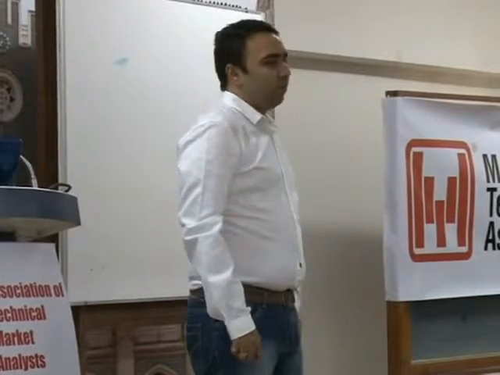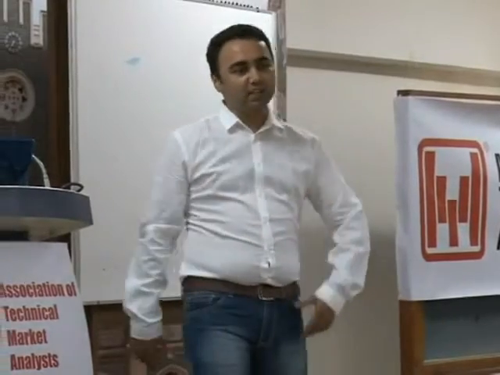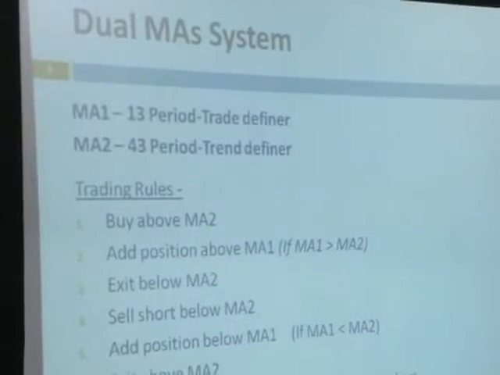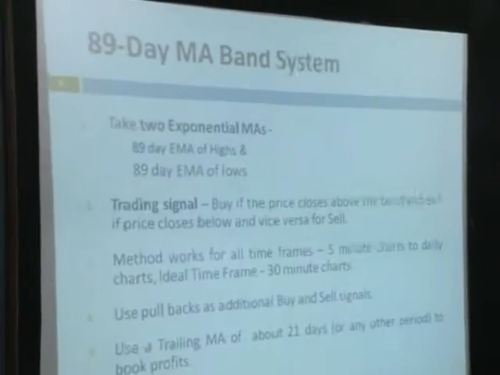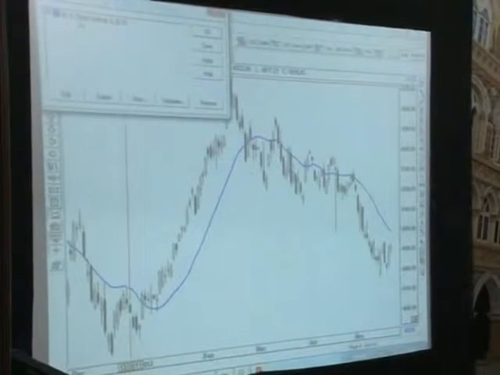Okay? But we don't accept simple things in life, so we want to complicate. So let's complicate and do it with 2 moving averages. Now, most of you might be knowing it. As I said, it would be very simple.